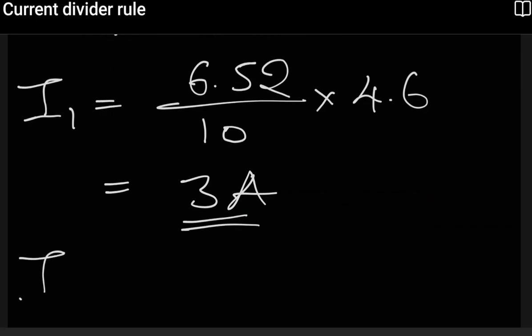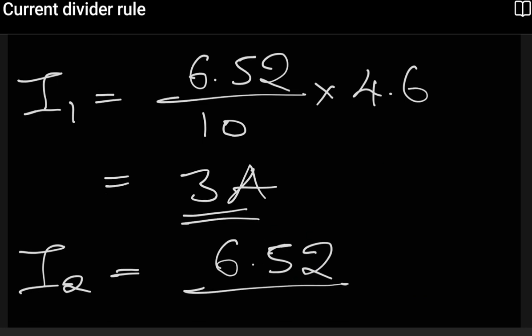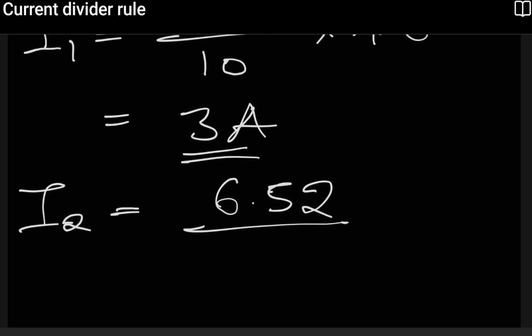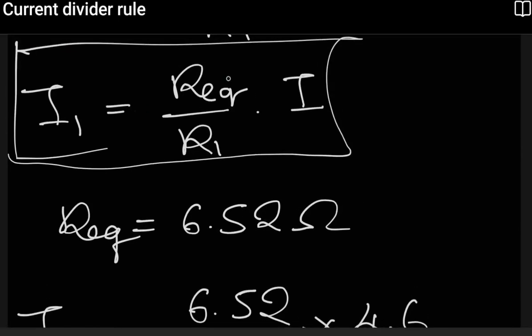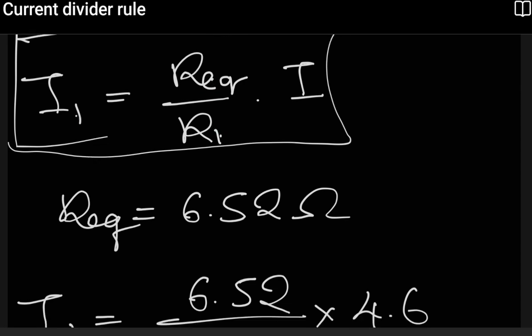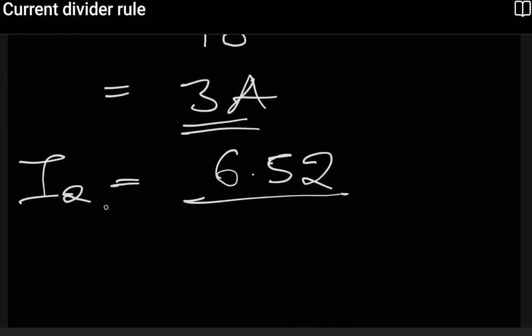We can do the same thing for I2. For I2, the equivalent resistance in our circuit is still 6.52, but the difference is the resistance for I2. Remember the formula? I1 is equal to the equivalent over R1 itself. So if you're finding I2, it's going to be the equivalent over R2. So this is I2: 6.52 over R2, and R2 is 30.